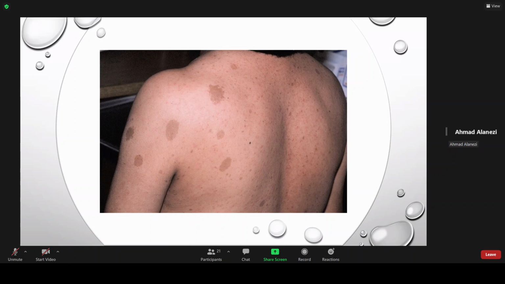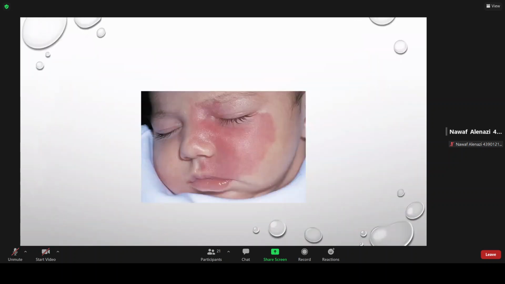Excellent. So those are ccafé au lait spots, suspicious for what disease? Neurofibromatosis. Excellent, neurofibromatosis. Okay, what is this? Port wine stain.